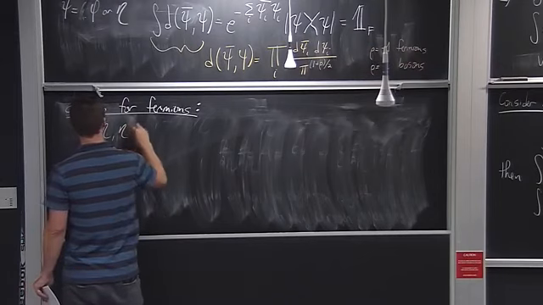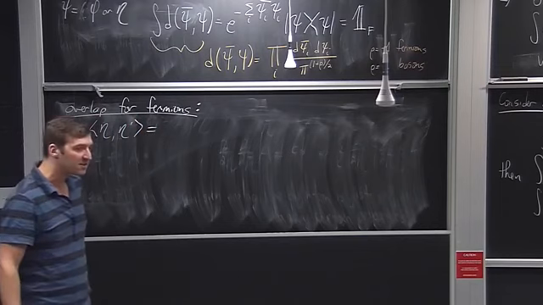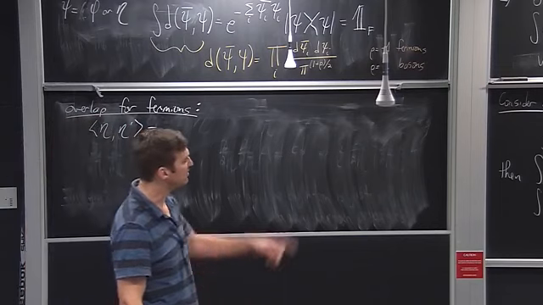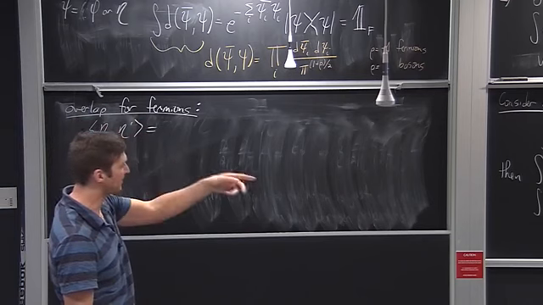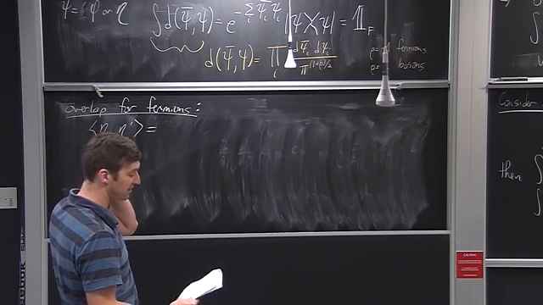So if I have eta and eta prime, coherent states. So I take that coherent state there. It has an exponential. There's a sum over all i's.